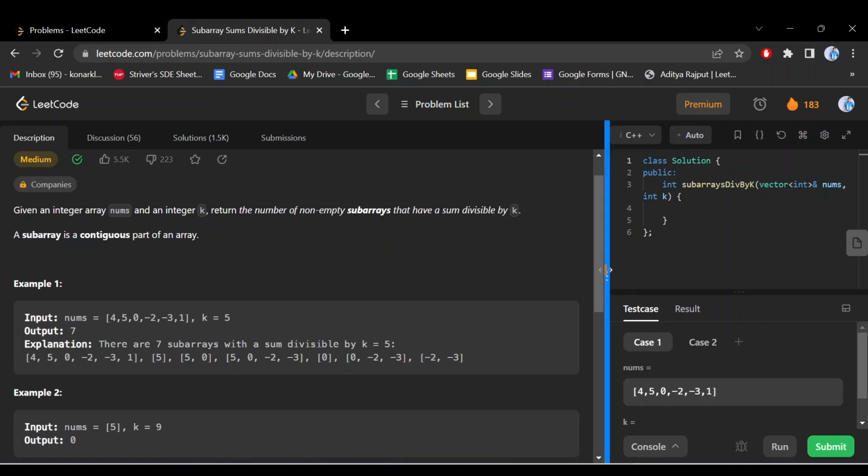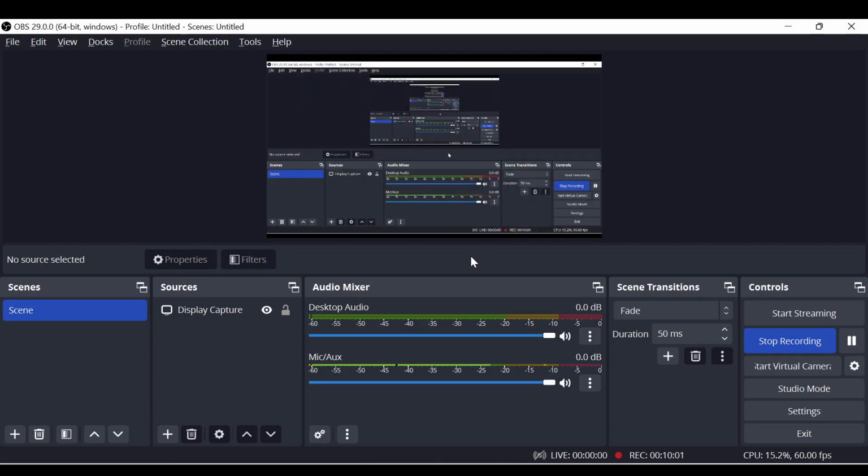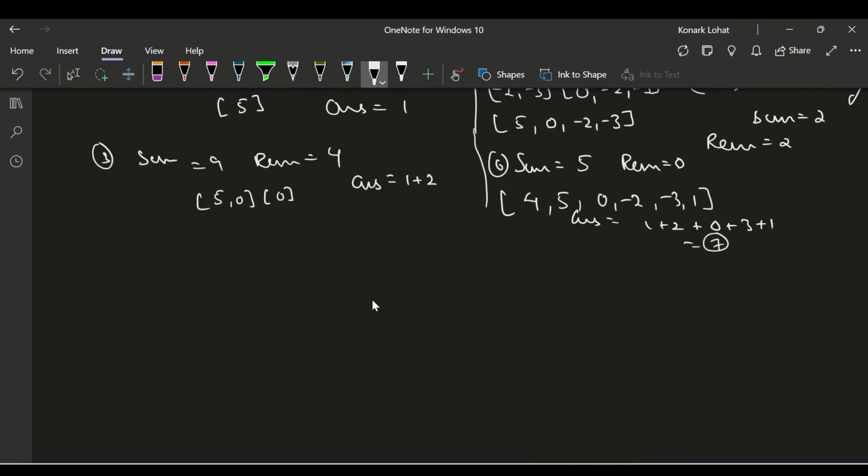By the way, there is one condition that you need to take care of. If you encounter negative elements, let's say minus 3, yeah, minus 3. So minus 3 divisible by 3, or let's say minus 3 divisible by 2. That is very much like 3 divisible by 2, and then minus 1 is multiplied.